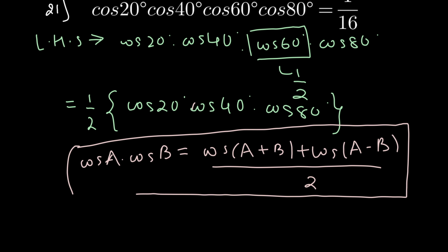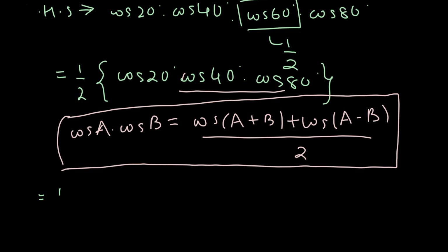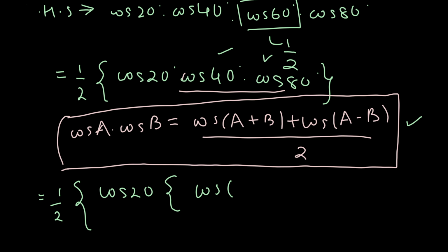So now let us apply this identity. 1 upon 2 as it is, multiplied with cos of 20 degrees as it is, multiplied with, applying this identity, cos of 80 plus 40, that is 120 degrees, plus cos of 80 minus 40, that is 40 degrees, divided by 2.